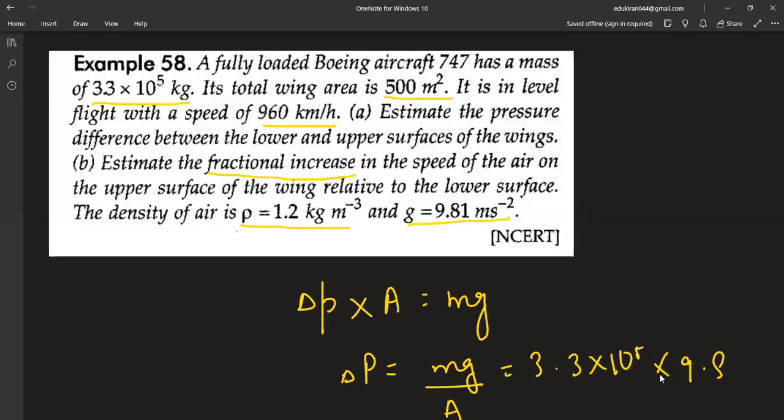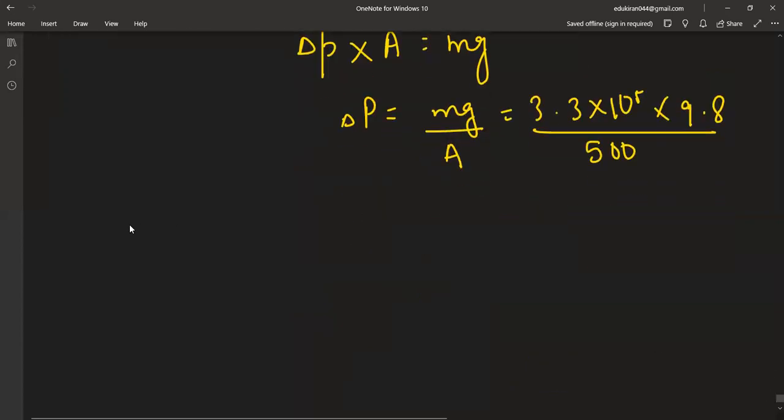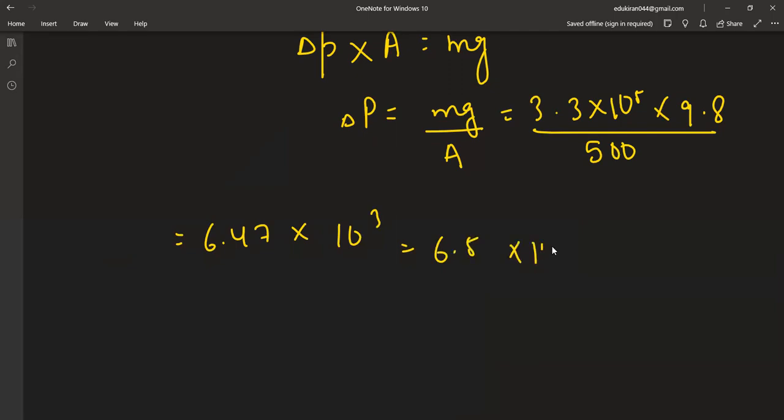Acceleration due to gravity is 9.8. Wing area is 500 meters square. So this is equal to 6.47 into 10 to the power 3, which is approximately 6.5 into 10 to the power 3 Newton per meter square.